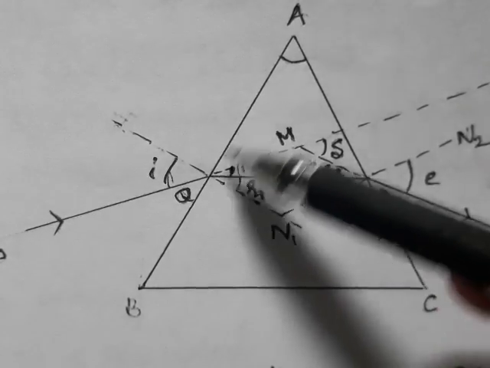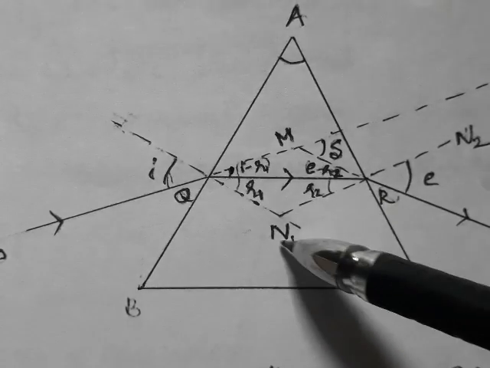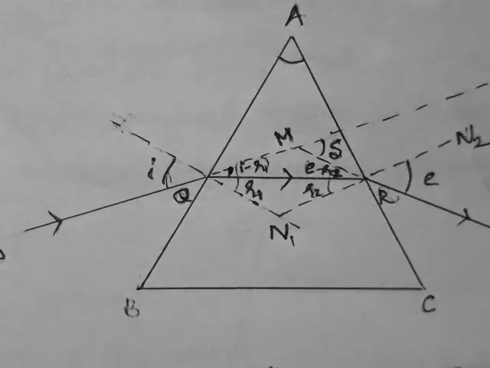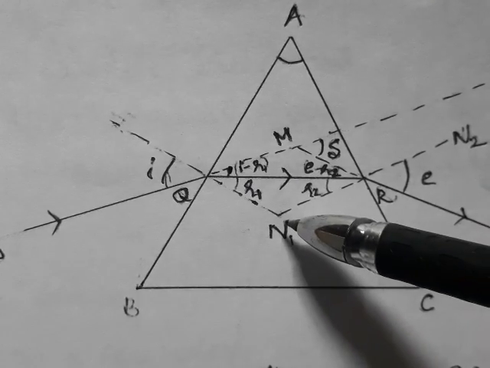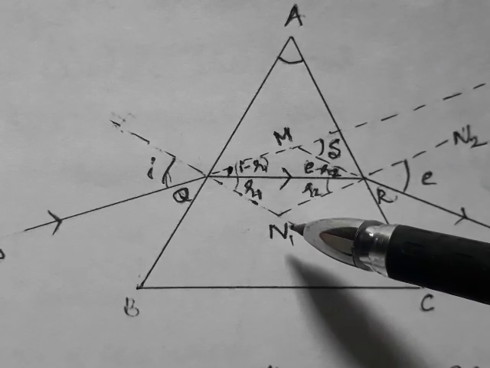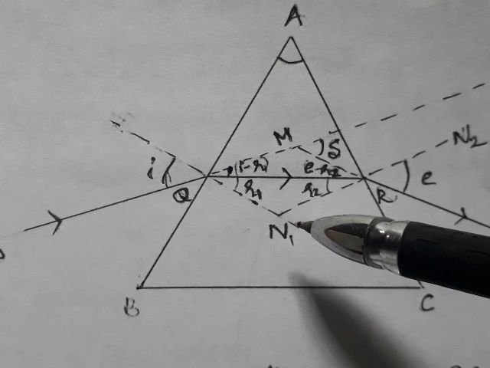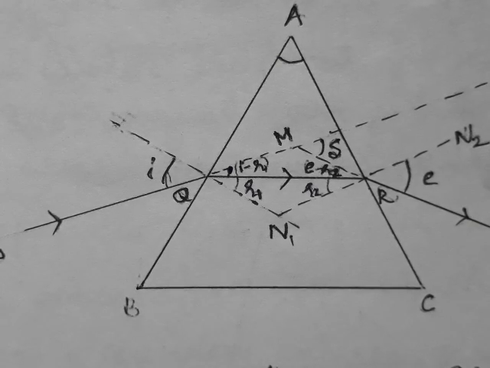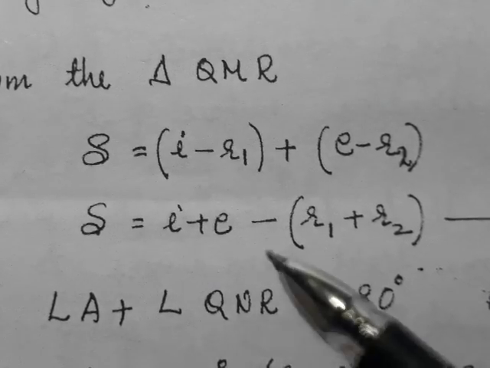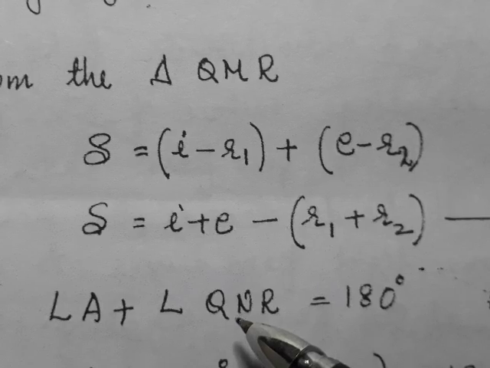Look at this quadrilateral QNRA. If I add angles A and N, I should get 180 degrees. That is sure. Angle A plus angle QNR should be 180 degrees.